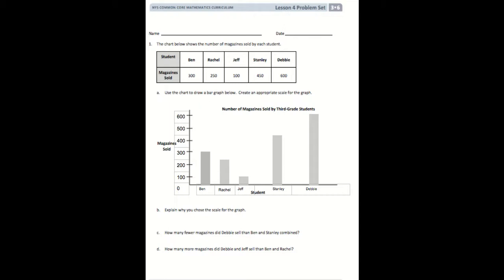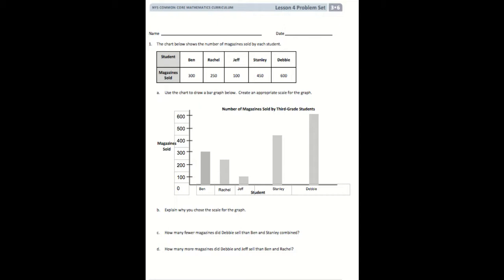So I've already filled mine in. I labeled the students' names at the bottom. I've got Ben, Rachel, Jeff, Stanley, and Debbie. And then I did this by 100s because when I looked at the number of magazines sold, I noticed they were all either in 100 increments or halfway through 100.